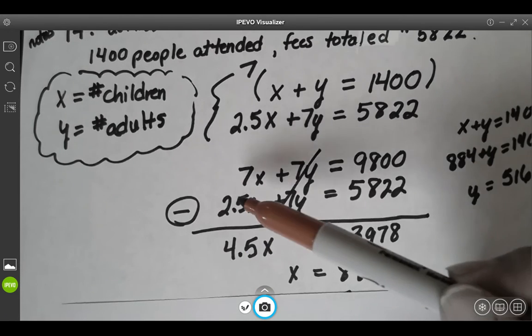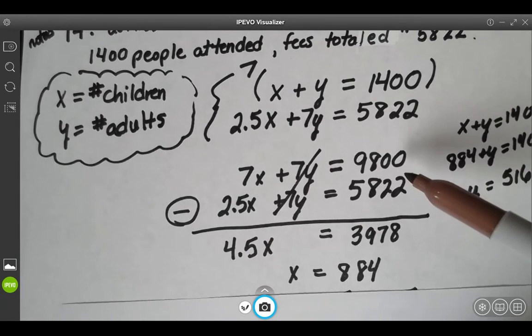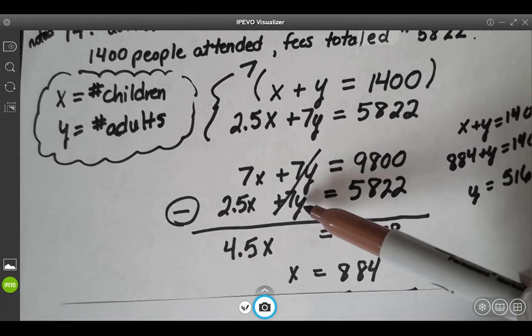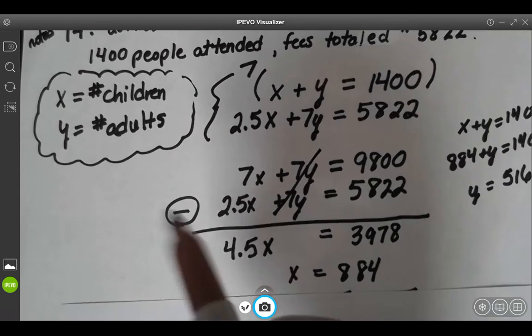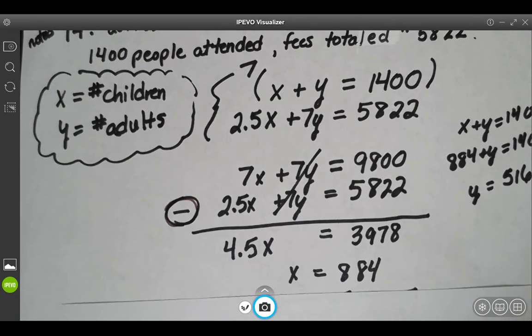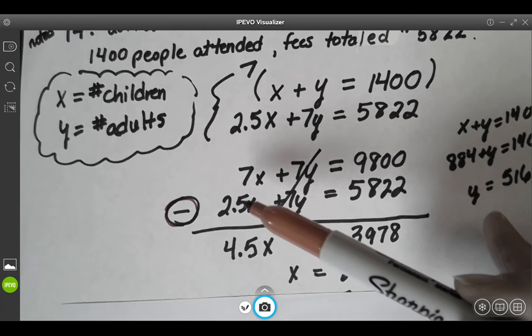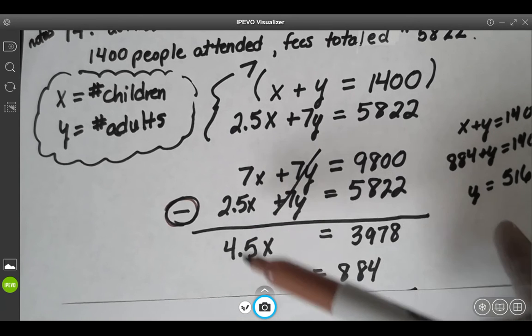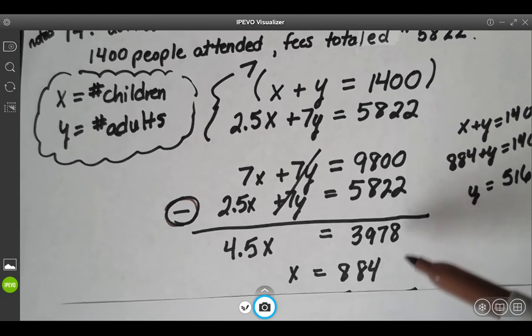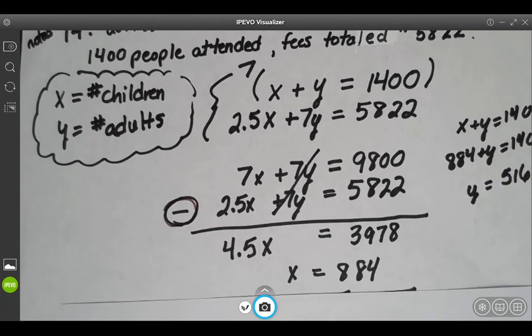I distribute: 7x plus 7y. Now I'm going to have to subtract because my signs are the same here. I overemphasize that I am subtracting so I don't forget, and so you can see what I'm doing. So 7 minus 2.5 is 4.5x. Subtract here, then divide. X is 884.